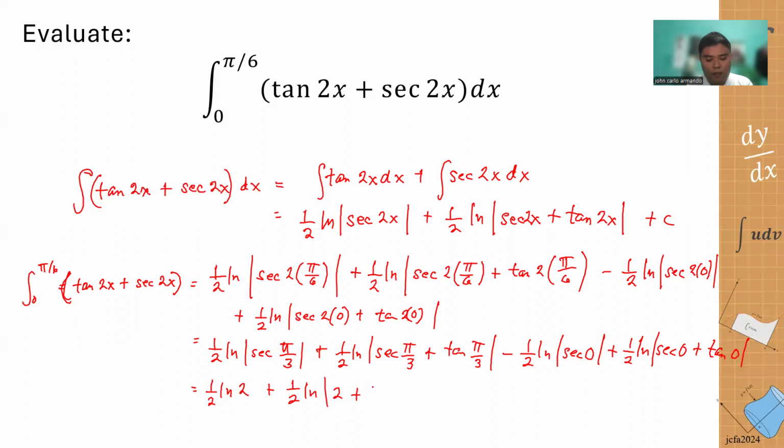Tangent pi over 3 is the square root of 3. So minus 1/2 ln, then secant 0 is 1 over cosine of 0, so that is 1.